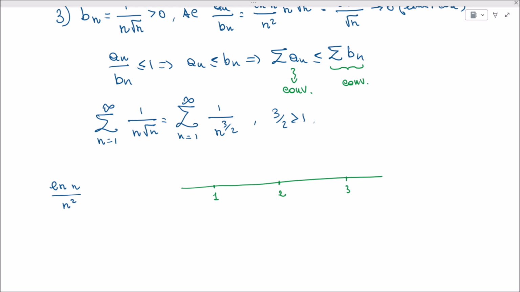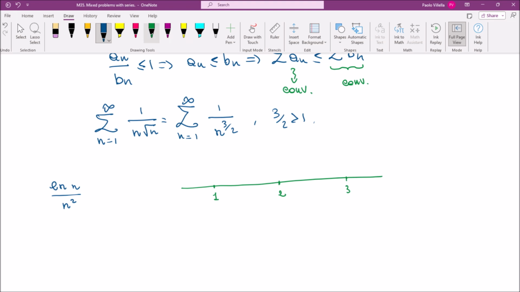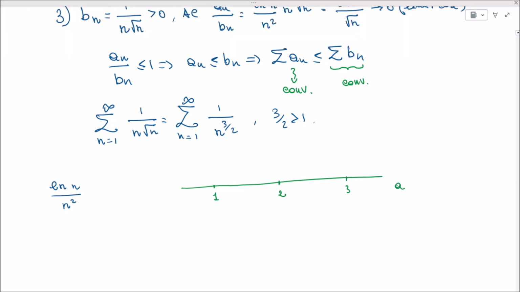Now let's consider these to be the exponent a. So in other words, for a equal 1, we have the harmonic sequence, 1 over n. For a equal 2, we have the sequence 1 over n squared. For a equal 3, we have the sequence 1 over n to the cube, right?